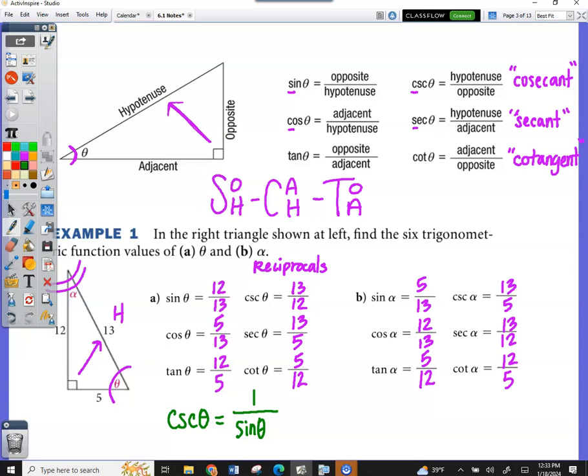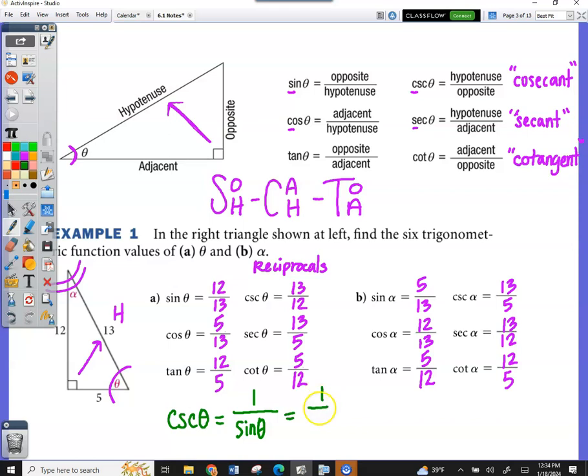Another way to write the reciprocal of a function is to do 1 over the function it's coming from. Okay? Cosecant comes from flipping sine. So one way to write that is 1 over sine. What is sine theta in that picture? What's the fraction for sine theta? 12 over 13.